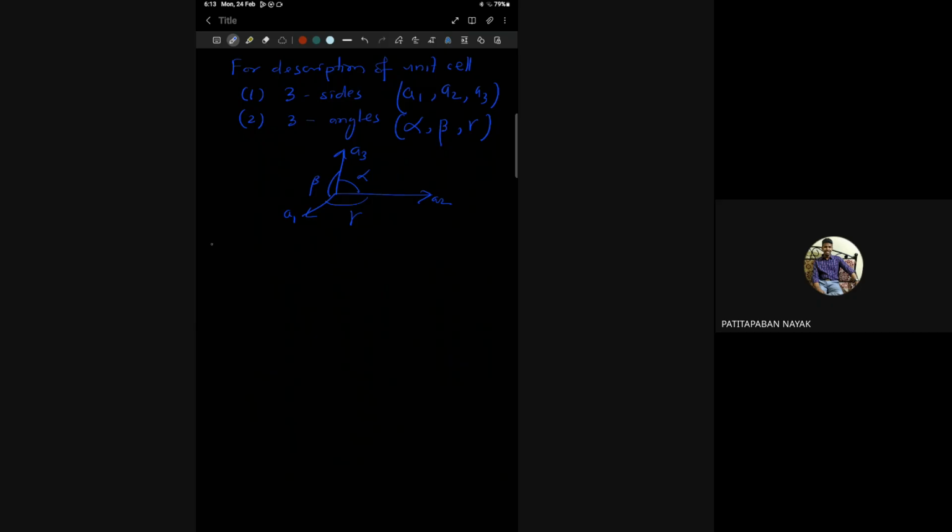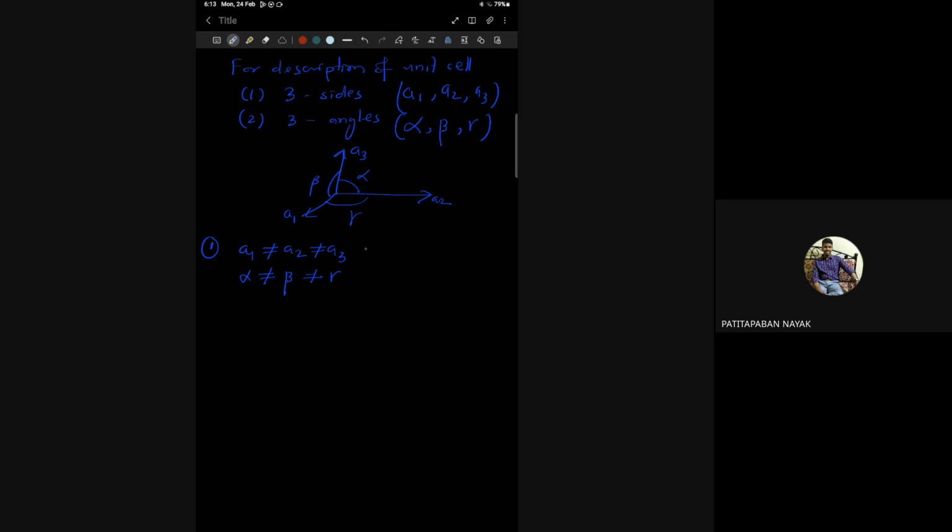The first possibility is a1 not equal to a2, not equal to a3, and alpha not equal to beta, not equal to gamma. So none of the sides are equal and none of the angles are equal.